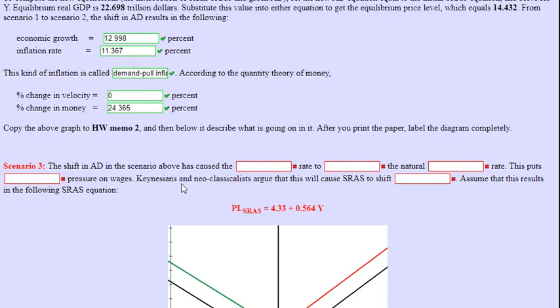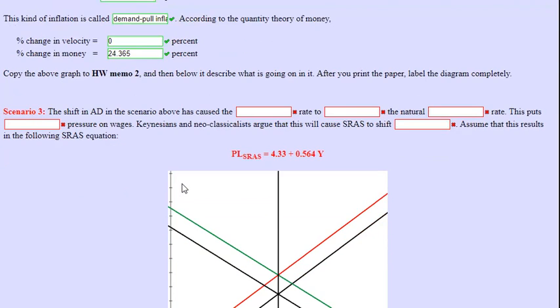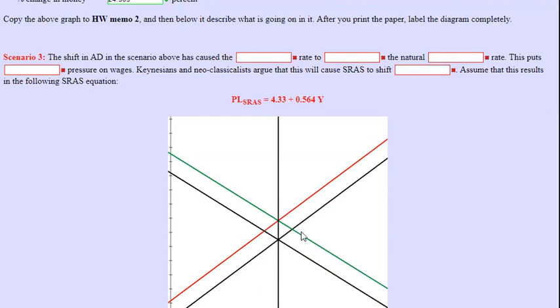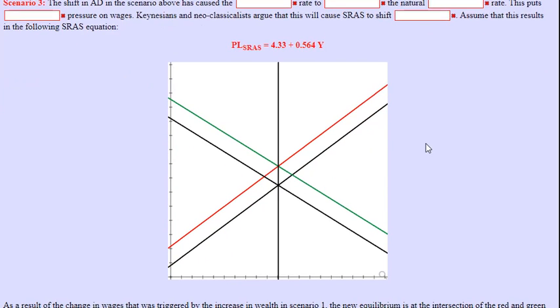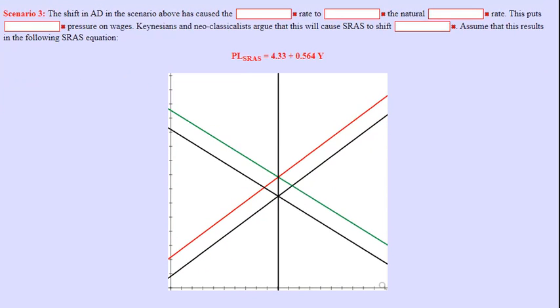Okay, now we're in scenario 3. So in scenario 3, aggregate demand and short-run aggregate supply have moved from black to red. And why is that? Let's discuss it. I'm going to go ahead and label this diagram.